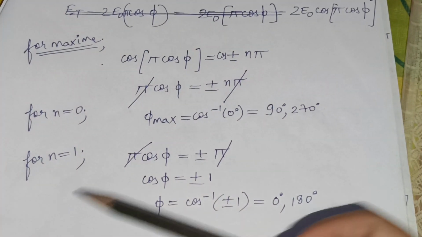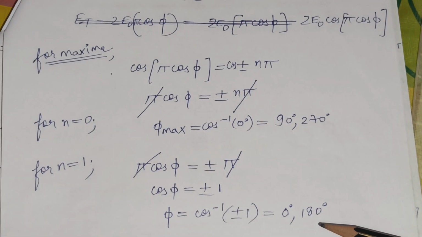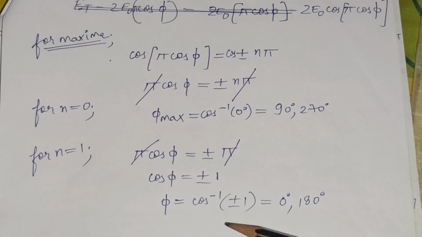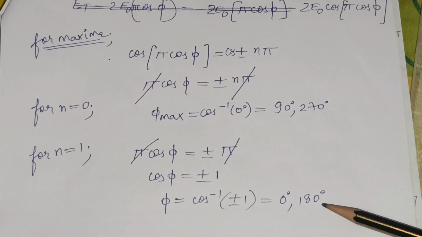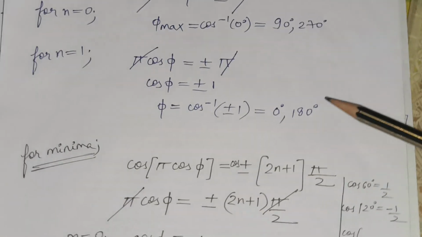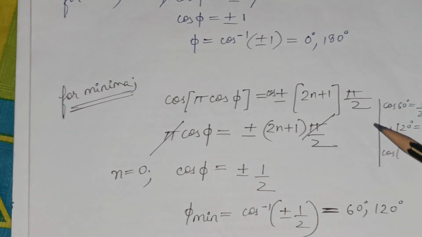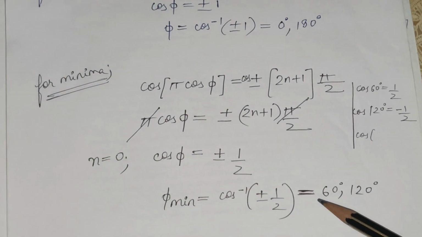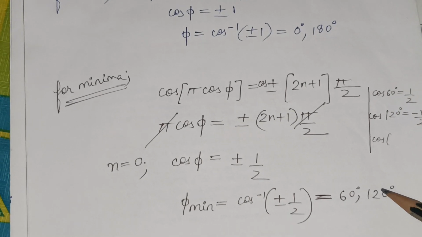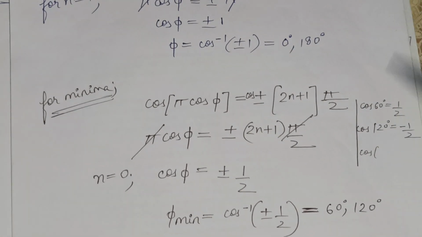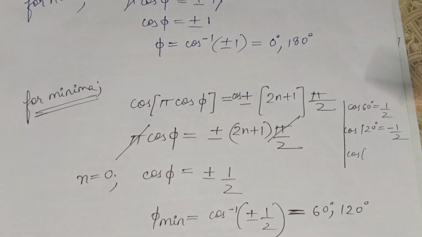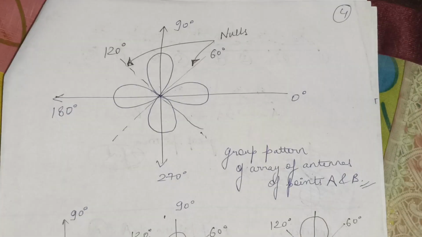When we put n is equal to 1, there will also be a condition for maxima because now plus minus 1 will be defined. So it will be at 0 degree and 180 degree. So the minima angle you can also calculate. It will be at 60 degree and 120 degree. You can always draw the pattern by calculating the angles of maxima and minima.